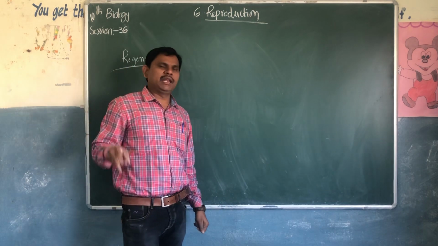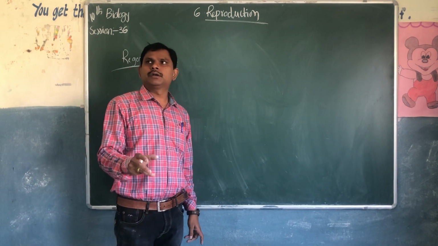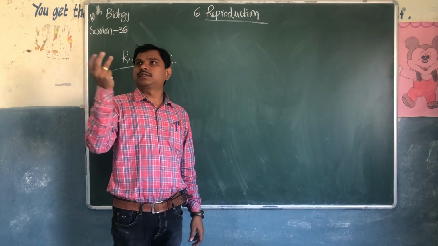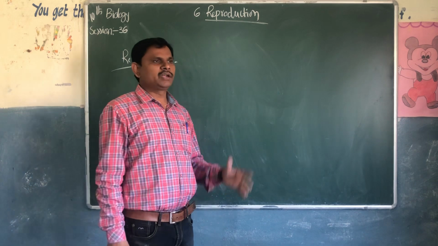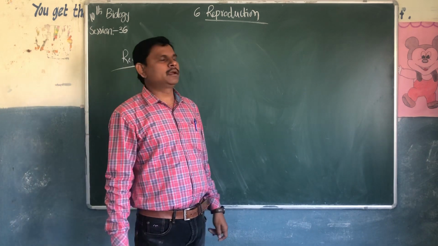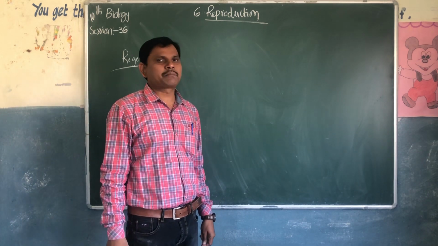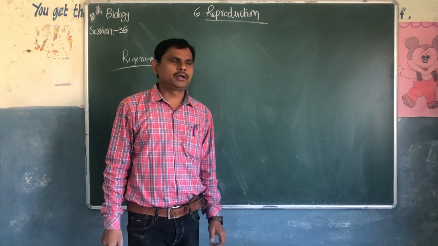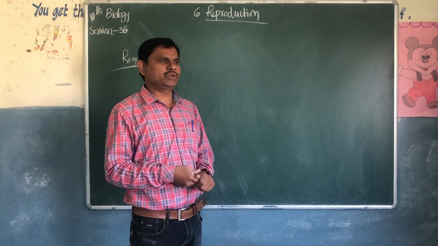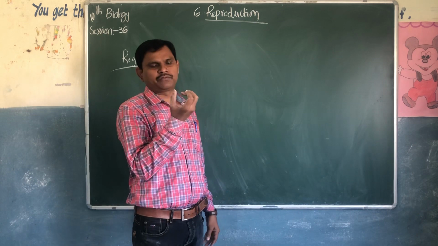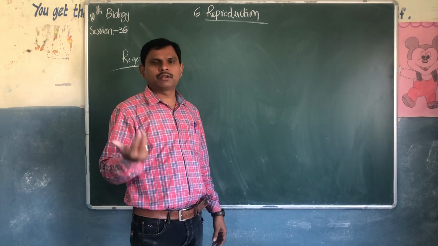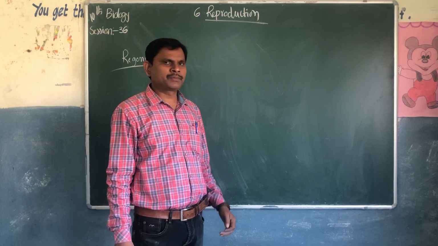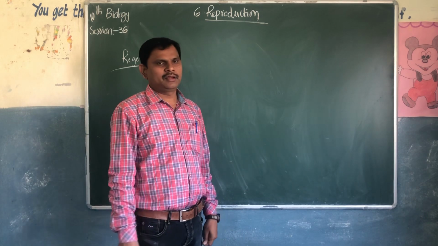If you cut its tail, after a few days or months the tail will appear again. We already discussed fragmentation in Spirogyra. If you take a starfish also, if you cut the arms of the starfish, the parts will grow again. There are some examples.